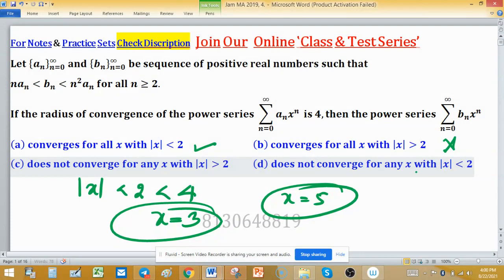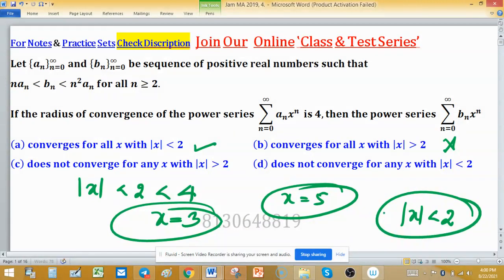Does not converge for any x with mod x less than 2: but for mod x less than 2, the series is convergent, as you can say for x equal to 1, x equal to 1.5, and whatever number whose absolute value is strictly less than 2, that series will converge. But the statement given says it does not converge, so that's why option D becomes wrong. So the correct option is only option A.